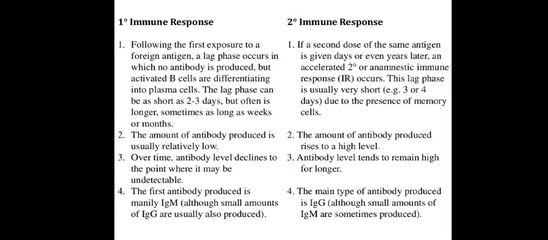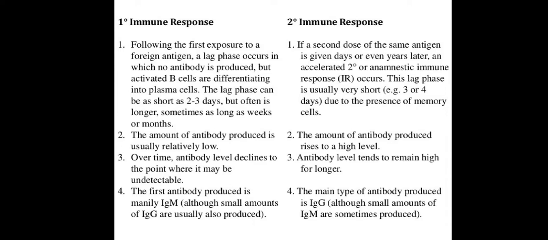Then what is the primary response and secondary immune response? This is basically with regard to the humoral immune system. Primary response: whenever a new antigen enters the body, there is a time gap which we call a lag phase.